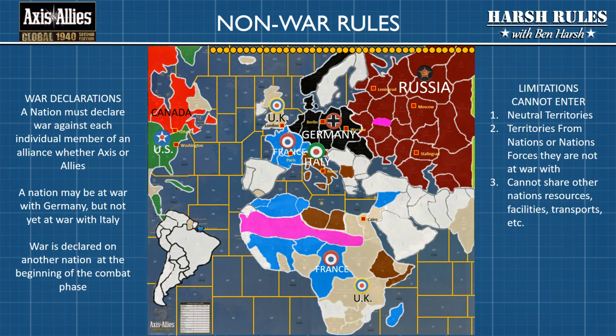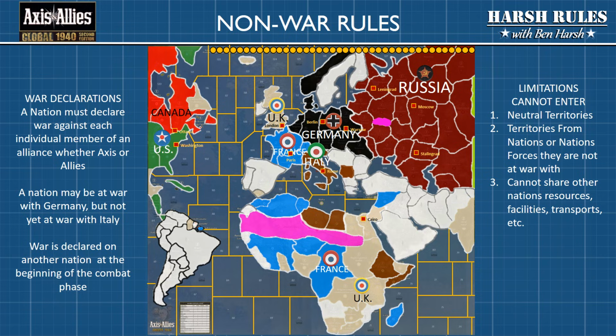A power not at war may not move land or air units into neutral territories. They may not move land or air units into territories or onto ships from other nations, and they also may not use another nation's resources, such as bases and transports.